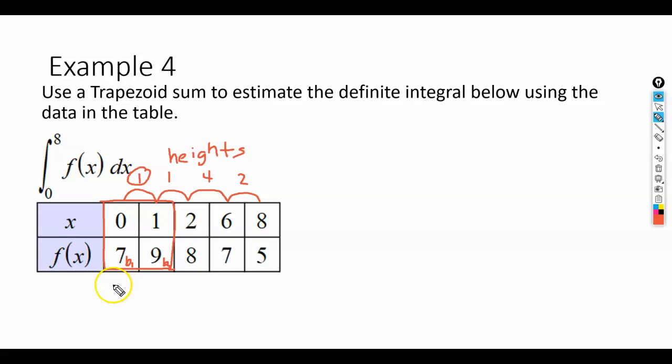So if I wanted to calculate this, it would be height over 2, the sum of the bases. And we're just going to keep doing that. So for the next one, we're going from here to here. So my next trapezoid would be from x equals 1 to x equals 2. That height is 1. And base 1 and base 2 would be 9 and 8.